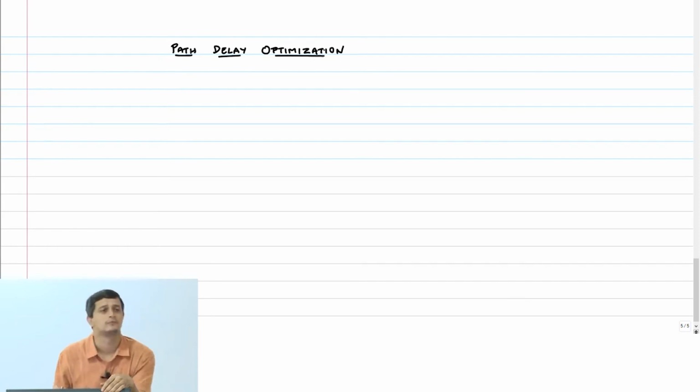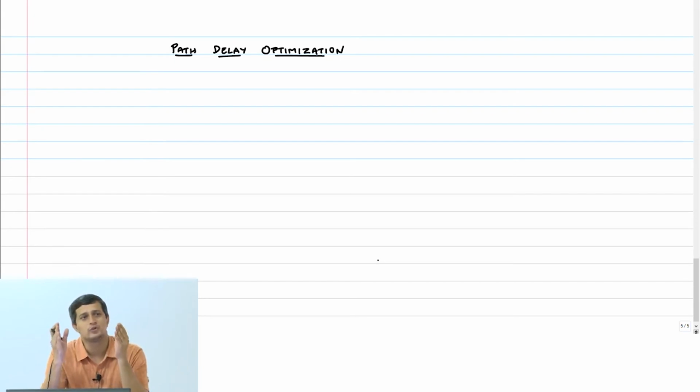So let me now start the most interesting problem that we would like to solve in digital circuit design, right? And that is basically called path delay optimization. In the previous example, I gave you the sizes.